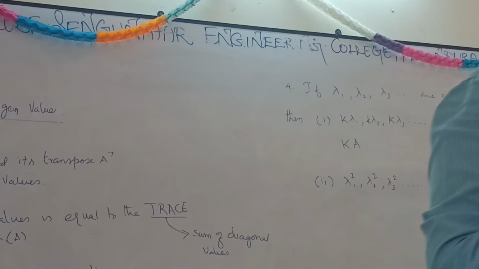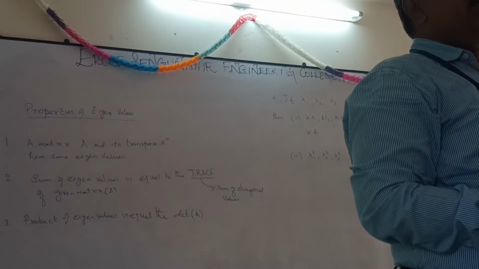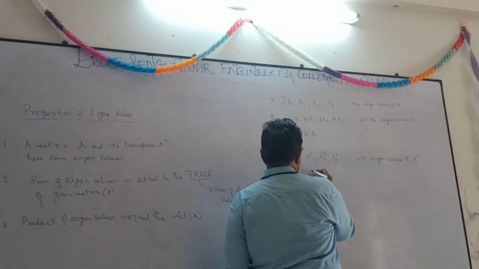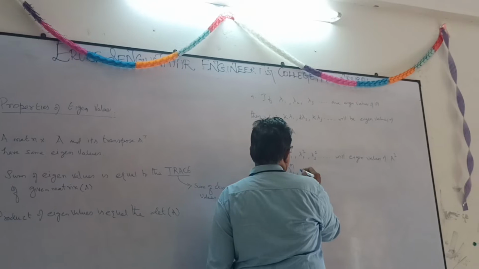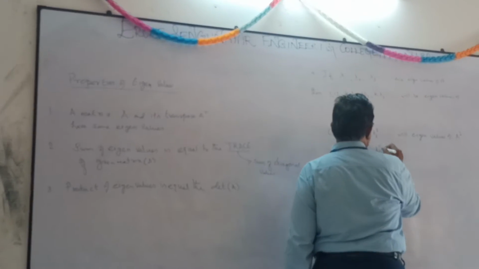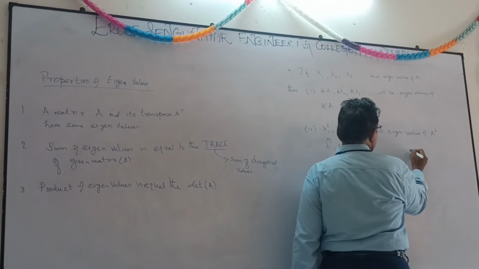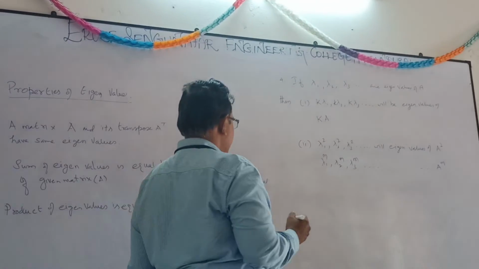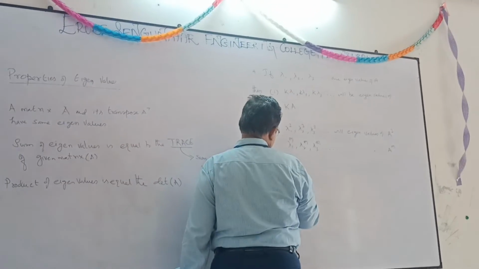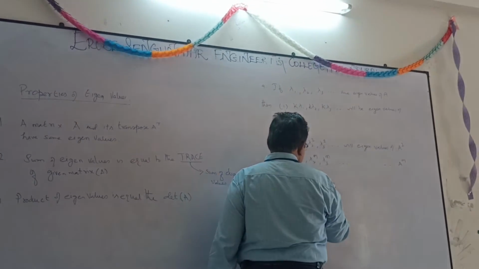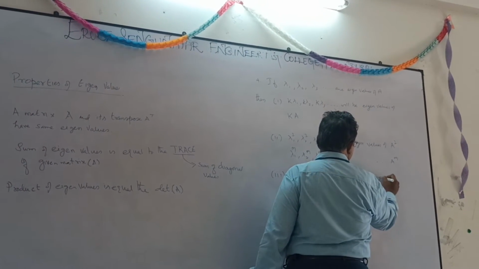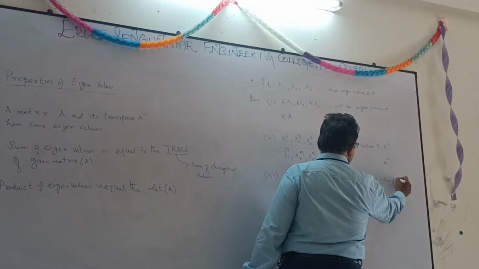In general, lambda 1 power n, lambda 2 power n, lambda 3 power n will be eigenvalues of A power n. Then, 1 by lambda 1, 1 by lambda 2, 1 by lambda 3 will be eigenvalues of A inverse.